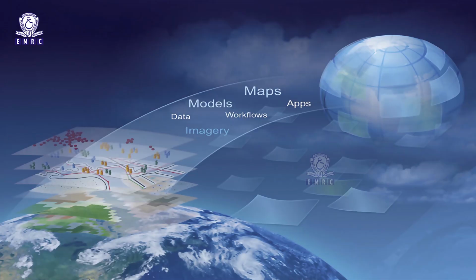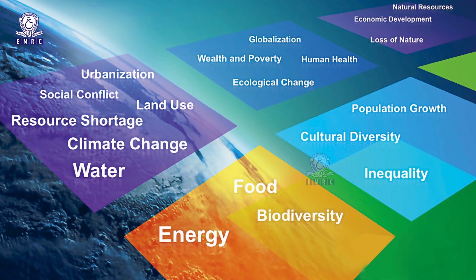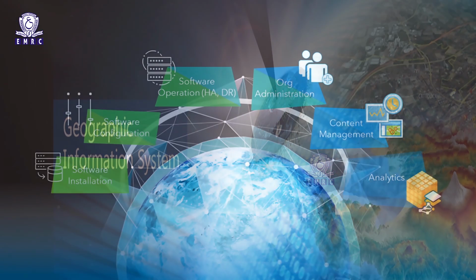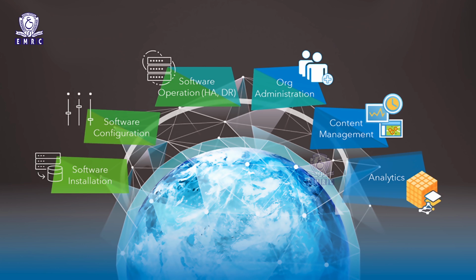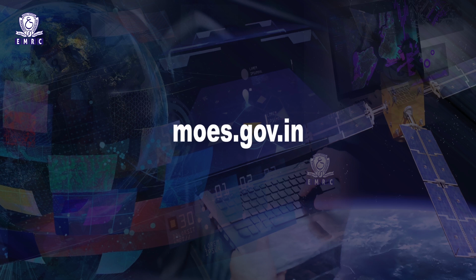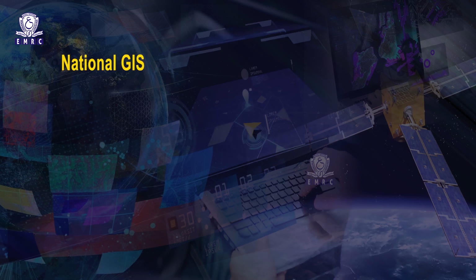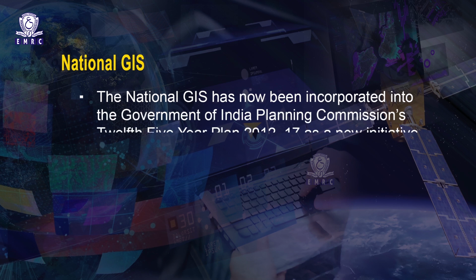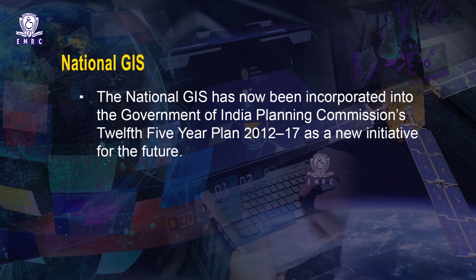The vision of national GIS for India has now been widely debated, discussed and endorsed in a series of national level meetings involving users, stakeholders, technical experts, policy makers and the government. The National GIS Vision document can be accessed at moes.gov.in. The National GIS has now been incorporated into the Government of India Planning Commission's 12th 5-year plan 2012-17 as a new initiative for the future.